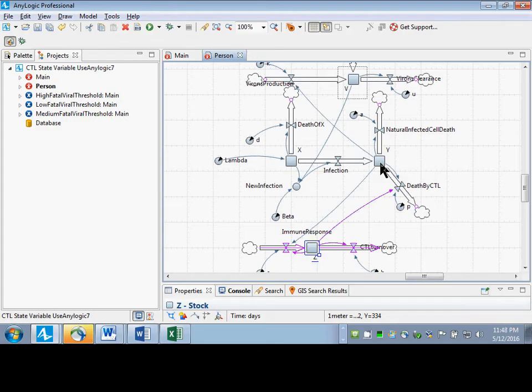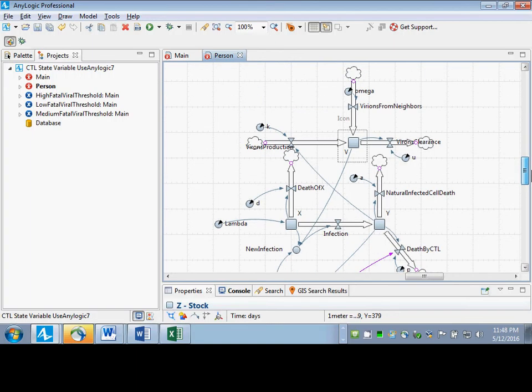So there's an initial expansion in virus particles and infected cells, which stimulate a response from the immune system, which lowers the level of infected cells, thereby lowering the level of virus particles. Turns out that virus particles are produced through this link here from Y to this.